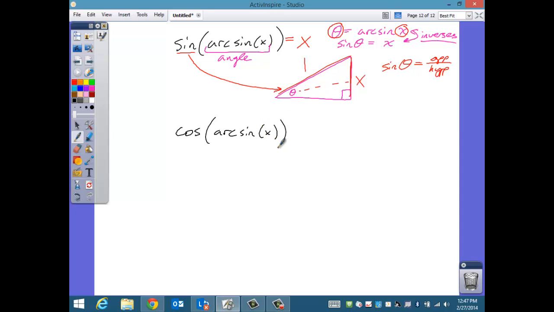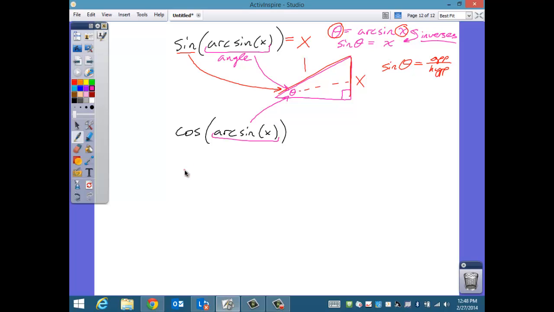I want to think about this because we already have arcsine of x. Remember, this theta is equal to the arcsine of x. So this right here is referring to the exact same angle that this is referring to. This angle and this angle, they are the same.